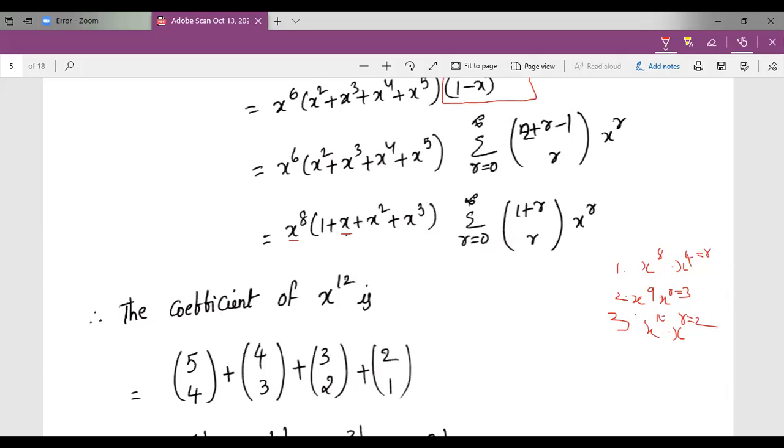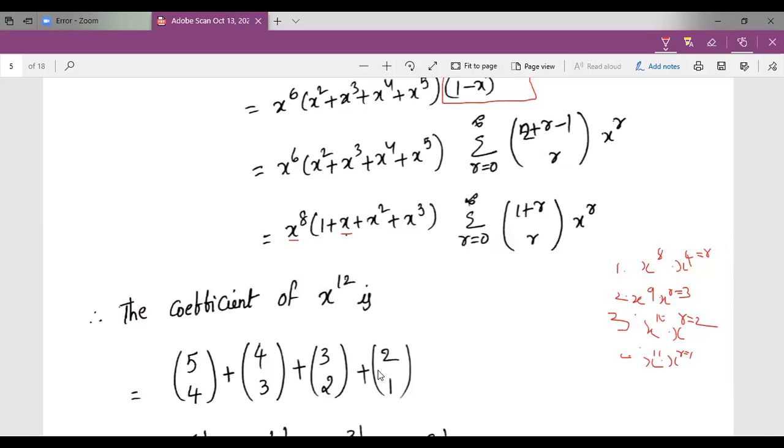Plus in the fourth case x power 11, we have to take r equal to 1. This total value gives the coefficient of x power 12. So x power 11 into x power 1, r value 1, (1 plus 1) C 1, that is 2C1.